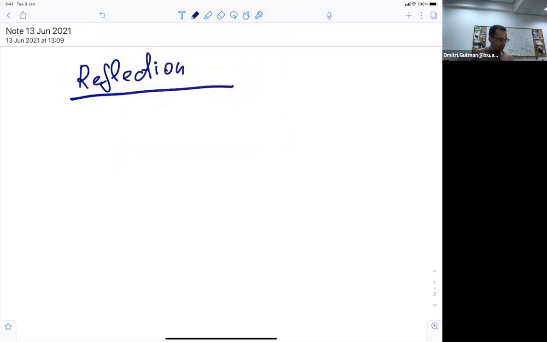If you have a line, and there is a point, let's call this point Z1, and we want to construct a reflection with respect to this line. So let's call this line X. So how do we reflect point Z1 with respect to the line X?